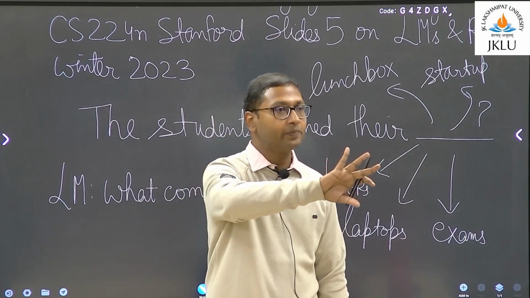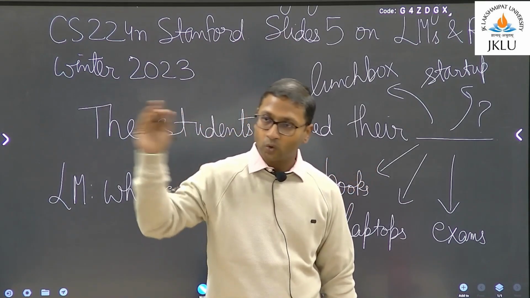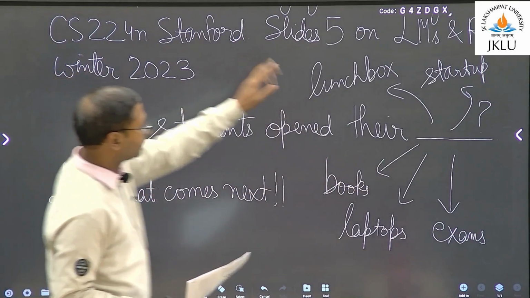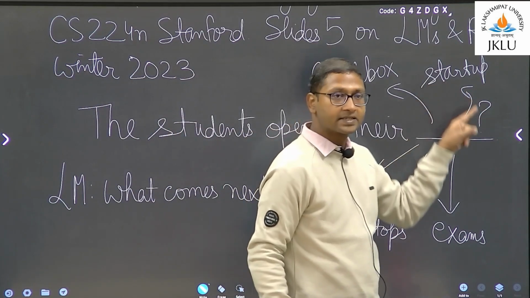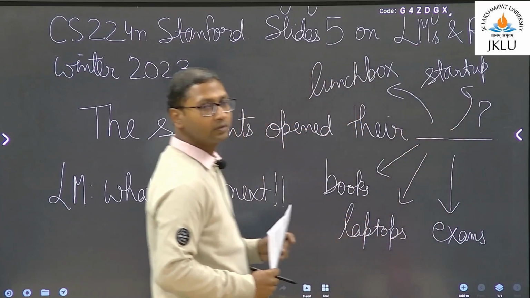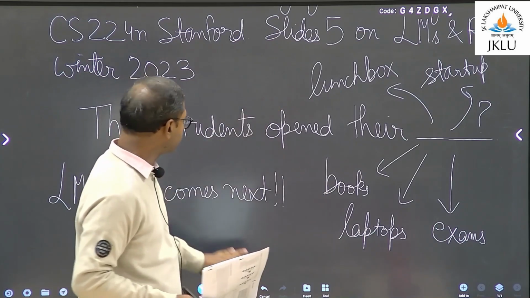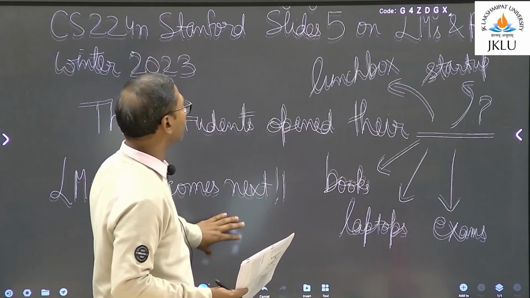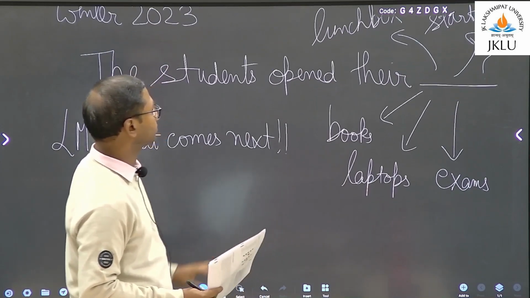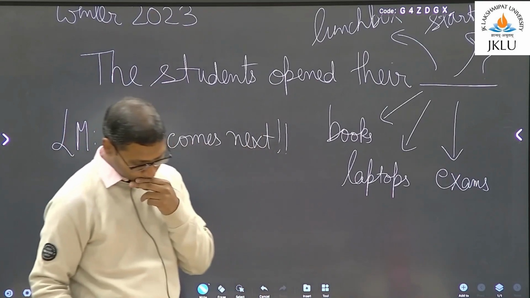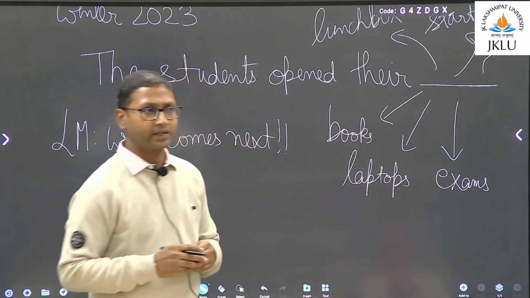They are basically predicting text token by token. So the students opened there, and this particular place has a lot of possibilities. Now which one will come? How do we decide which one will come?